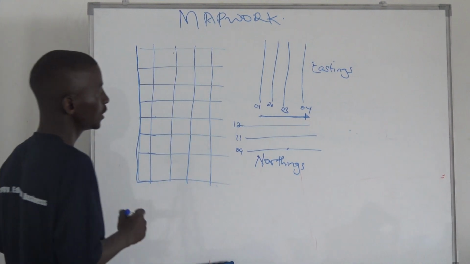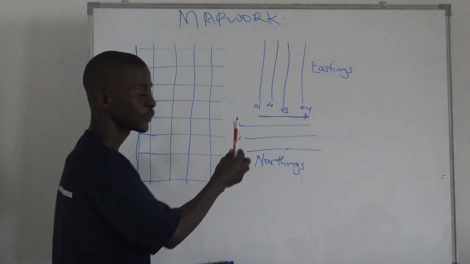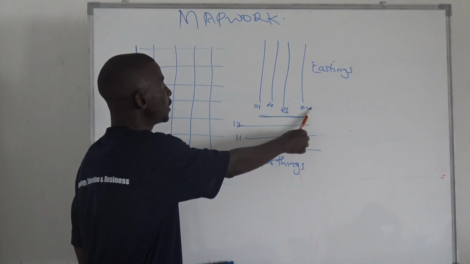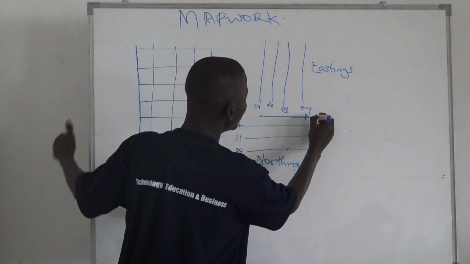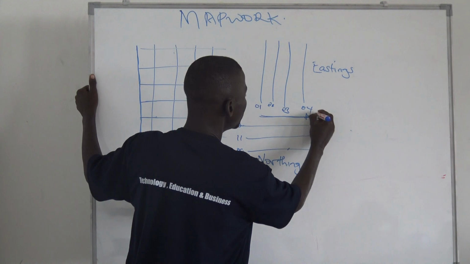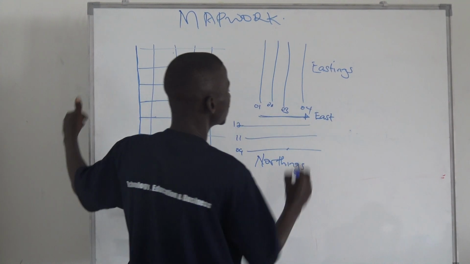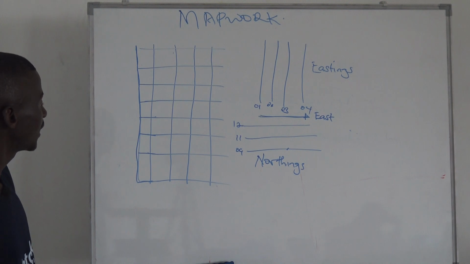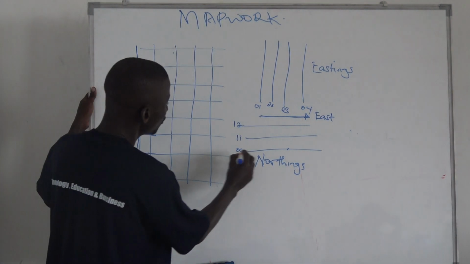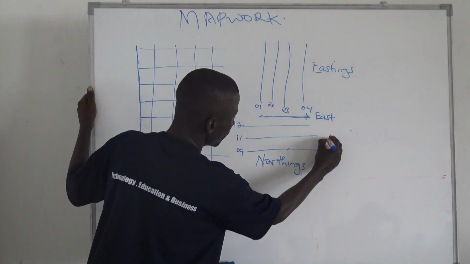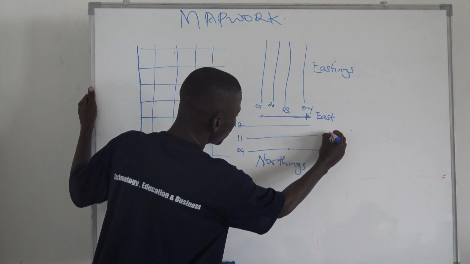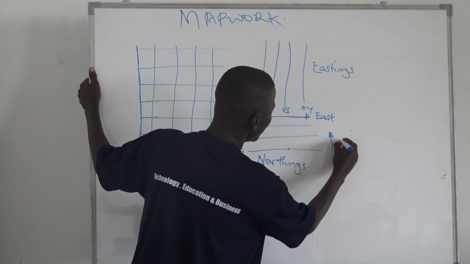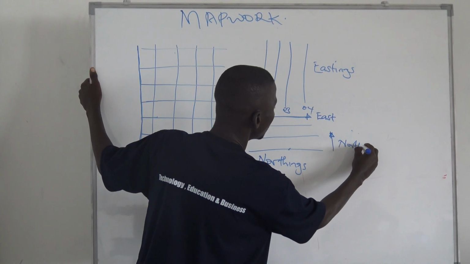Hence the name eastings. For example, 01, 02, 03, 04. We are going in which direction? In the east. Hence the name eastings. Then these ones, we are counting them towards the north. When we count them, we move to the north, hence the name northings.